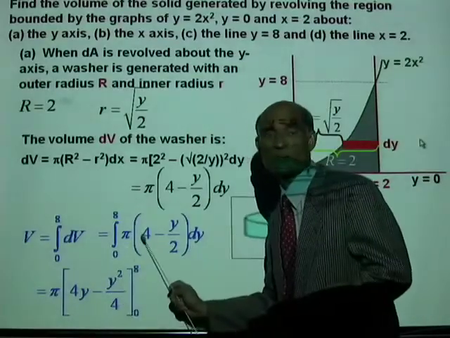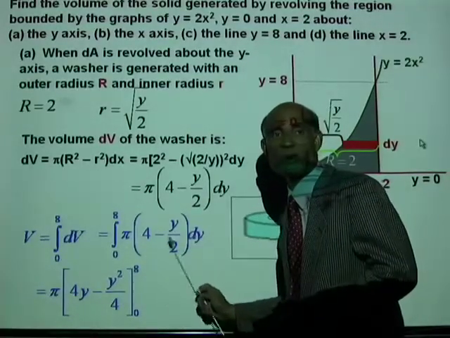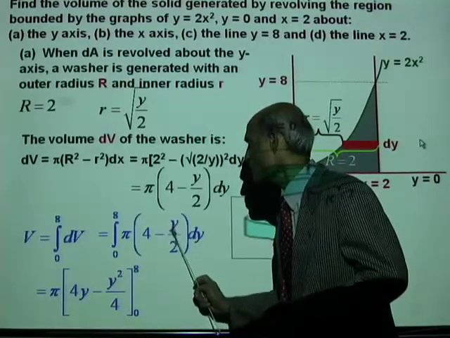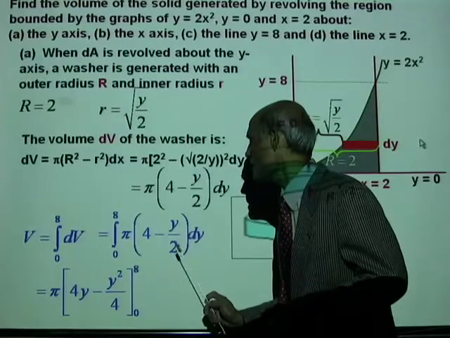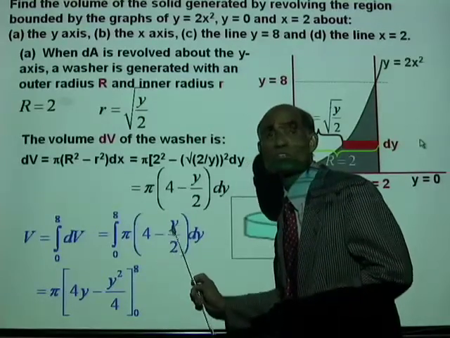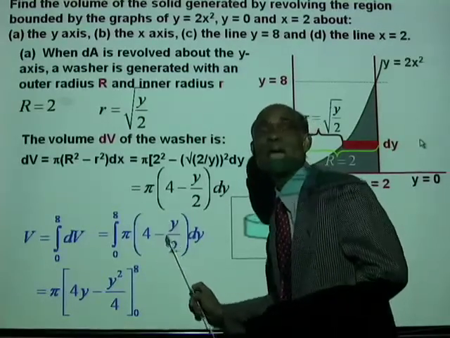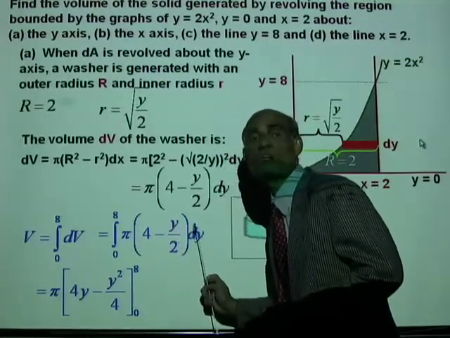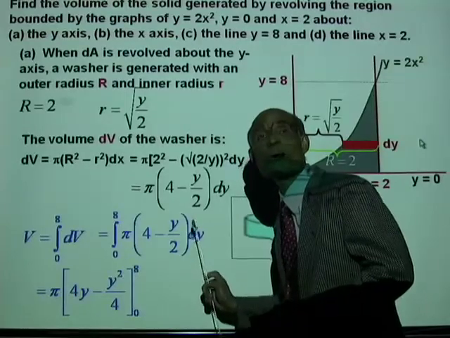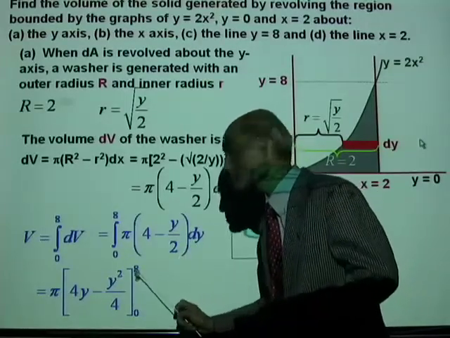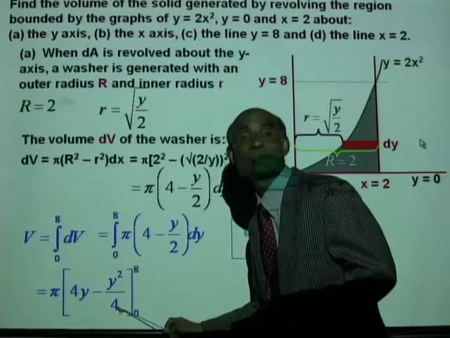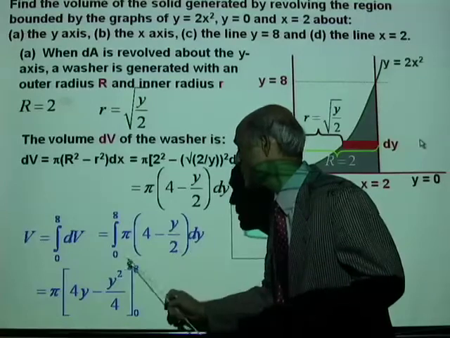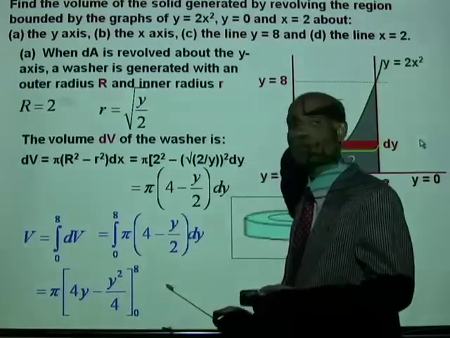That'll be pi times integral 4 dy is 4y, minus integral y over 2 dy. Y over 2 is 1/2 y, so that will be 1/2 times integral y dy, which is y squared over 2. And the two 2's in the denominator will give you a 4 in the denominator. So integral y over 2 dy is y squared over 4.